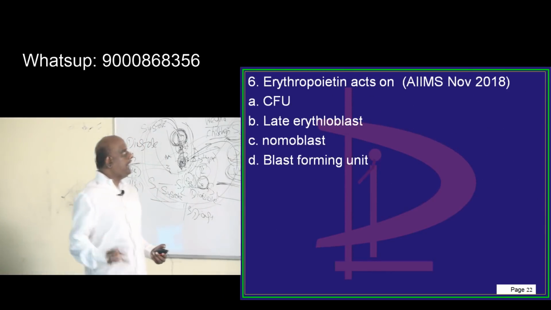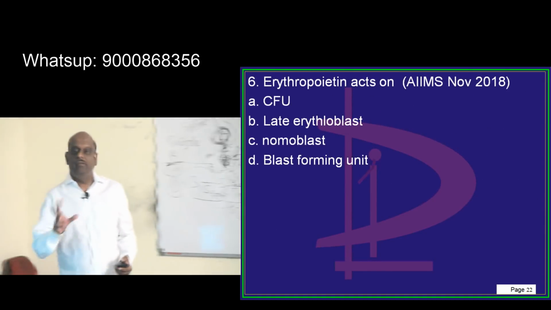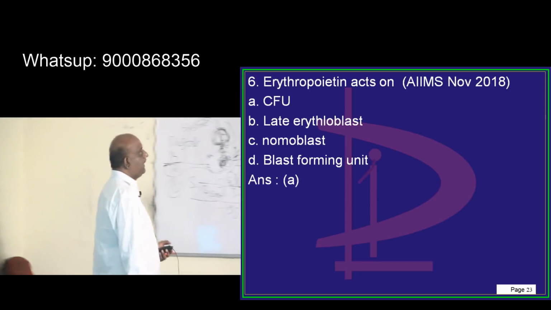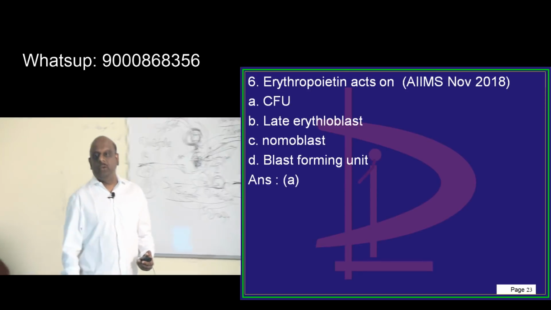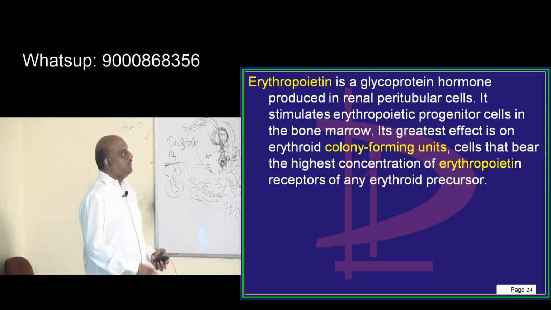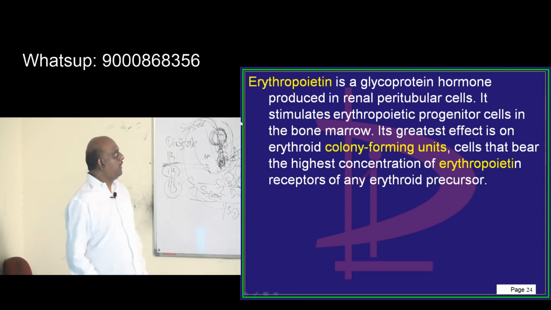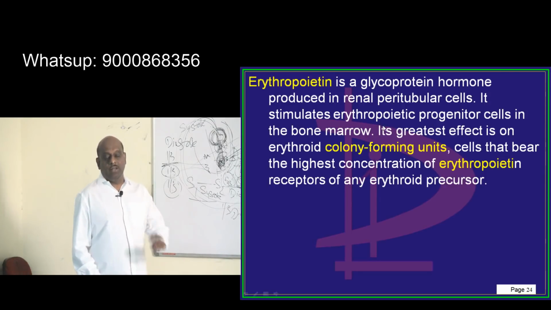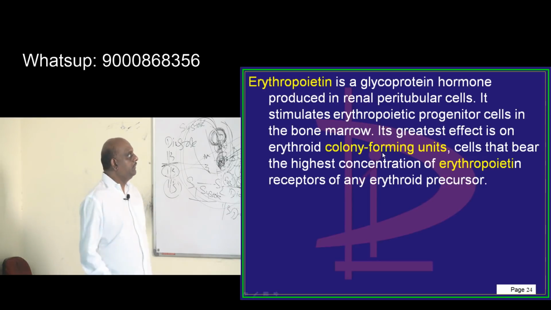Now, erythropoietin, where does it basically act? It acts on the colony forming units. Erythropoietin is a glycoprotein produced by the peritubular cells in the kidney, all of you know.